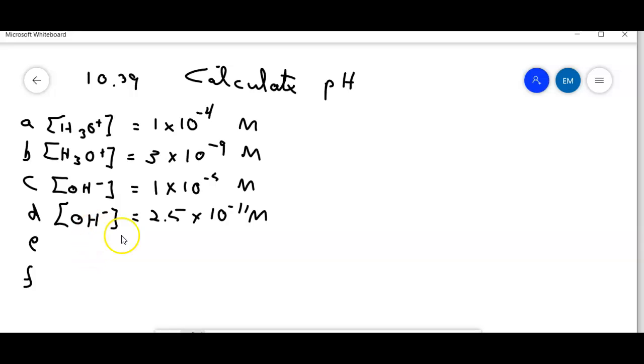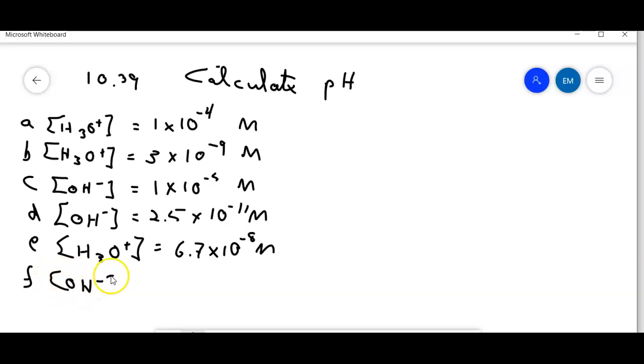And E is hydronium ion concentration, and that is 6.7 times 10 to the minus eighth. And lastly, we have hydroxide ion concentration of 8.2 times 10 to the minus fourth molar.